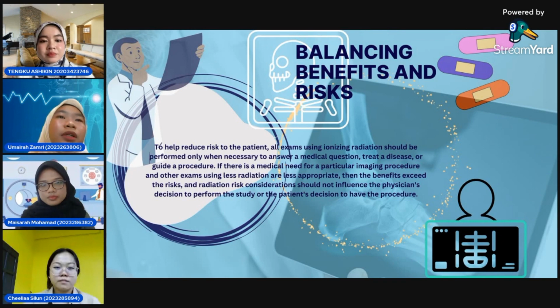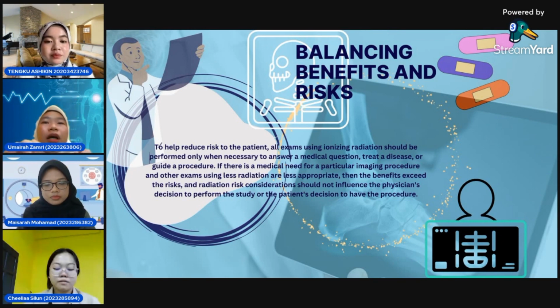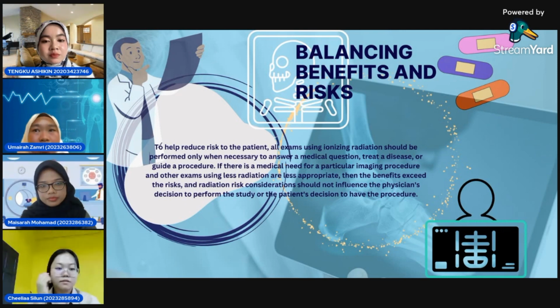To help reduce risk to the patient, all exams using ionizing radiation should be performed only when necessary to answer a medical question, treat a disease, or guide a procedure.